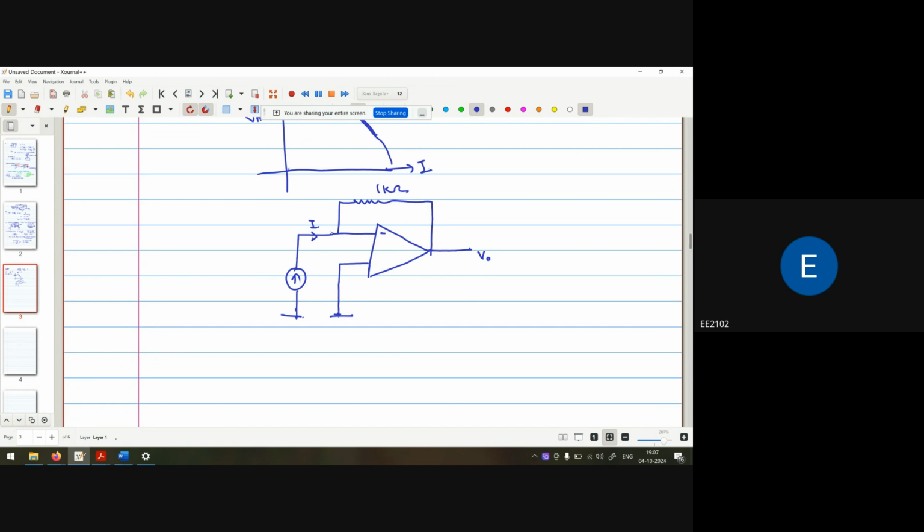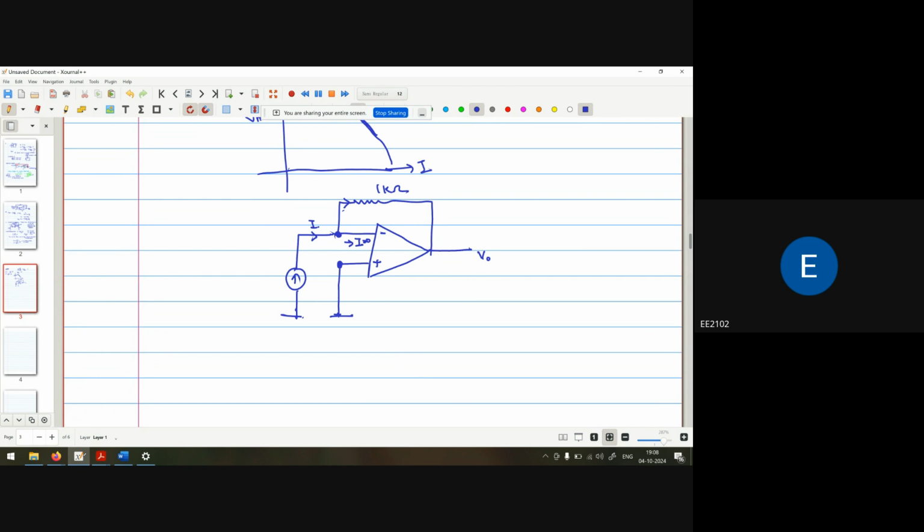Okay. If current is flowing from this direction, it will go in this direction. Why? Because we are taking this as a virtual ground, which means the current going inside the operational amplifier is zero. So the current will be going in this direction. What is the value of current?